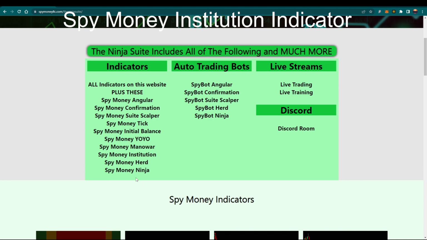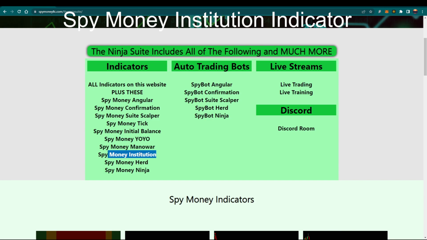All of these are very good, and we're making YouTube videos on each one to where you can watch and see how they work. My main one that I use is the Sweet Scalper and the Institution, which is what we talked about today. I also add the balance on here, which I don't have typed in here, but I also have the Spy Money balance, which I do like very well.